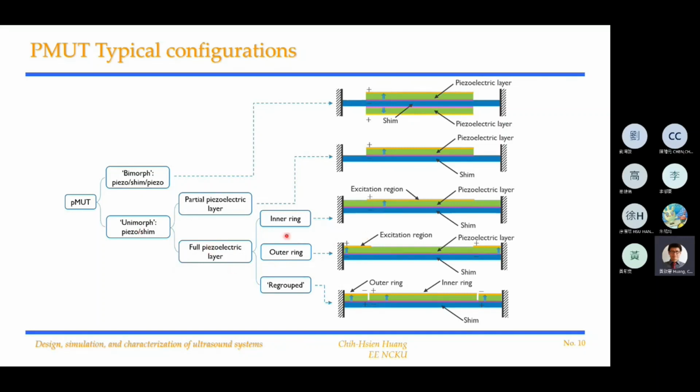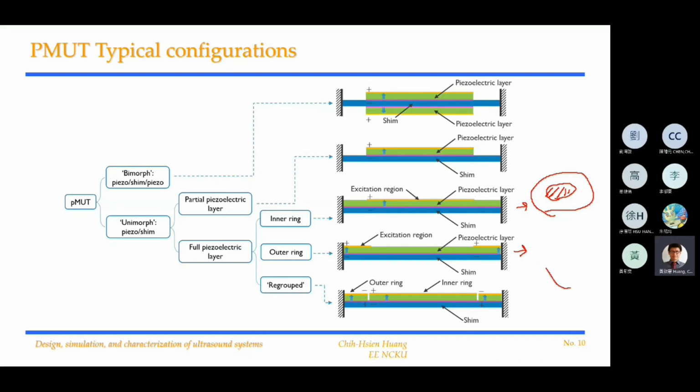In that case, we reshape the electrodes. For example, we could have a single electrode in the middle, or we may have the electrode on the outer ring. Here on the surface it will look like this. This is a plate, and the electrode is in the center.